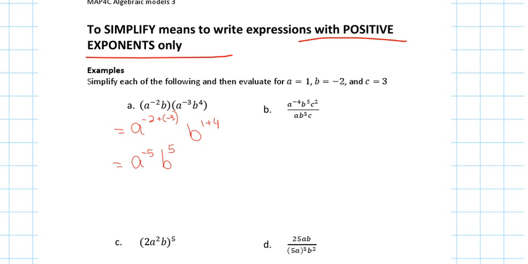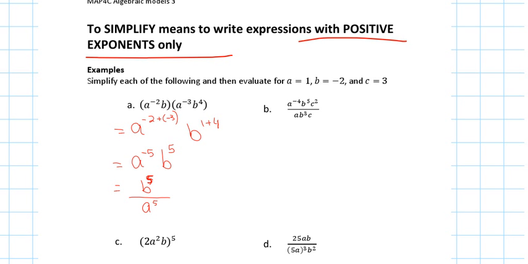I didn't have to do all the work from the beginning. Okay? Because sometimes you might end up with a positive exponent and then you have to flip it if you flipped it already. So that's going to give me b to the power of 5 over, so you're bringing that negative exponent to the denominator.